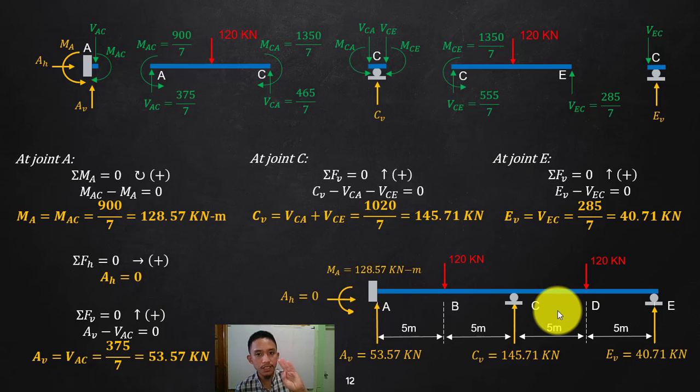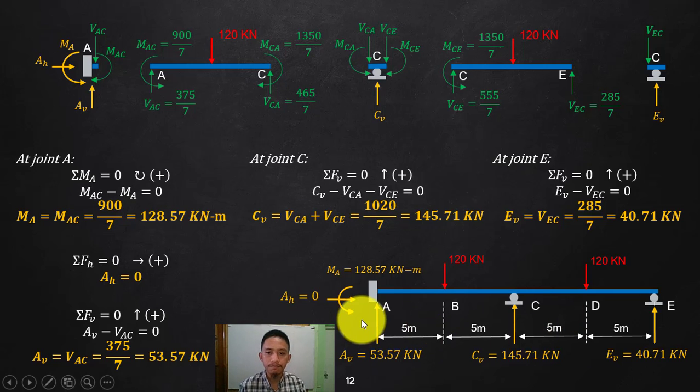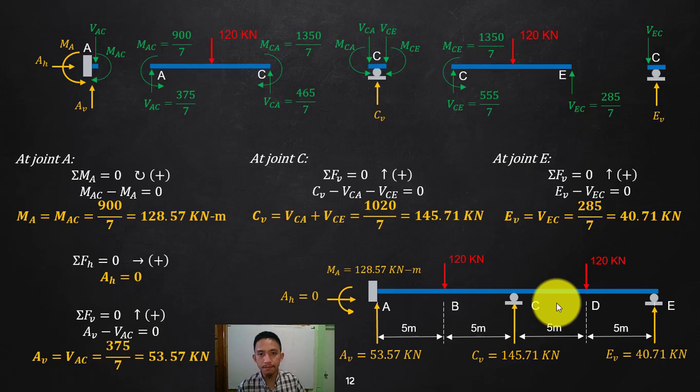We already discussed all of this in your Theory 1. So again, that is how we will analyze an indeterminate beam or continuous beam using the slope deflection method.